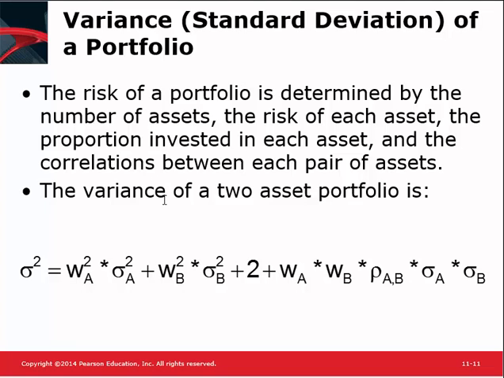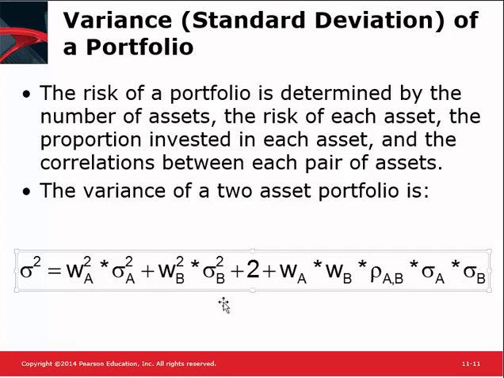To find the variance or the risk of a 2-asset portfolio, we have this basic formula. And this basic formula says, look, when you add 2 stocks together, each stock brings some risk. In this case, the W's here represent the weights. This is the risk that asset A brings to this portfolio, purchased in this weight.